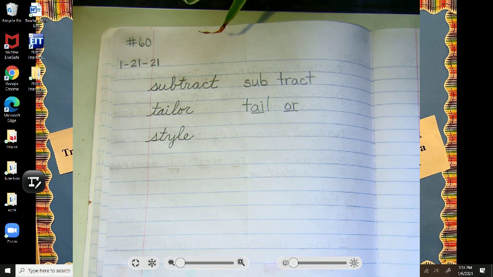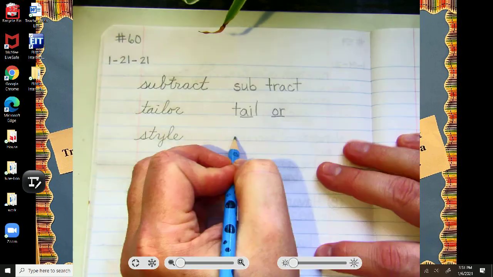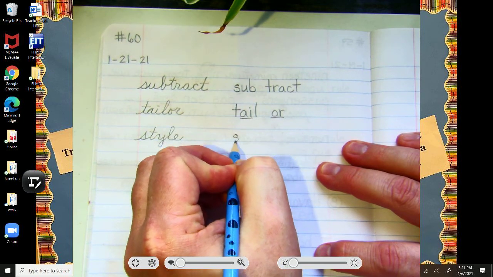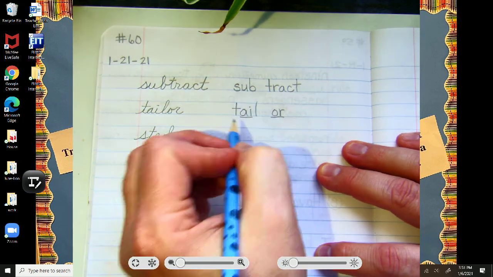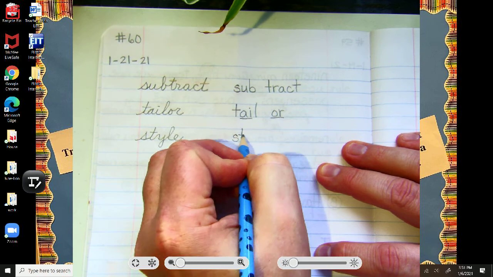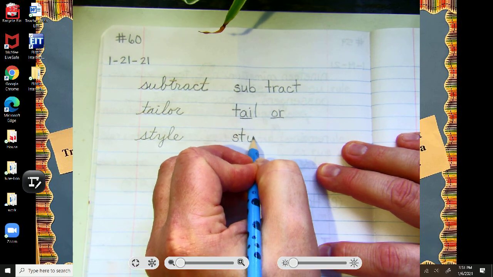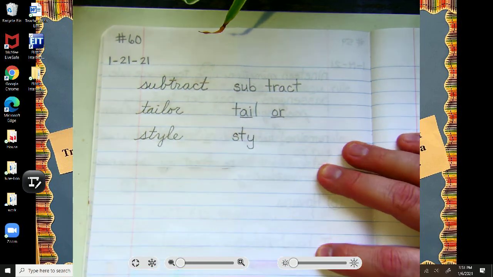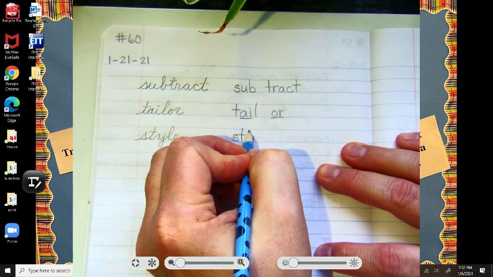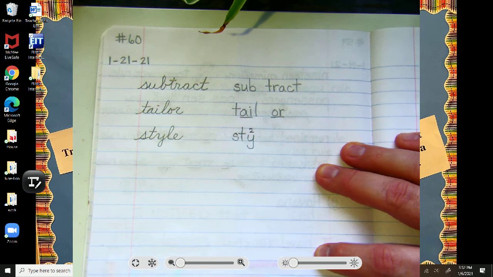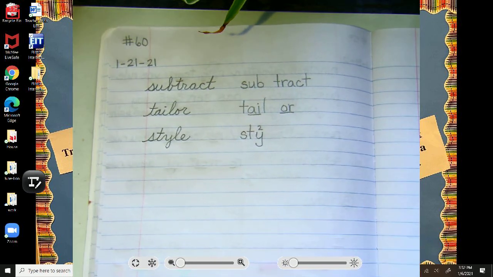All right, style is a 1-syllable word. It starts with s, saying its first sound of s, and then t. And then we get to that y, right? The y, i, e. That y is saying its second vowel sound. I, style, style.